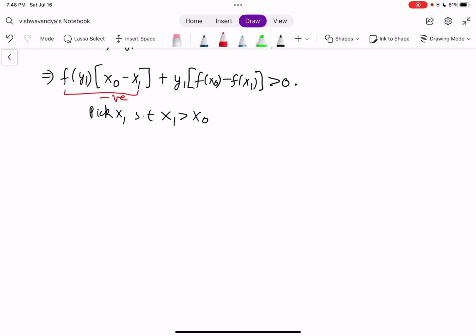But this means that we must have this bracket be positive, because if this were negative, the LHS would become negative, and this would clearly be less than 0. So this implies that f of x0 is greater than f of x1. So by this we say f is decreasing.